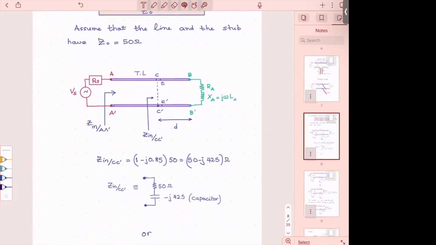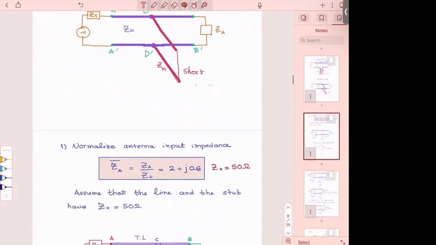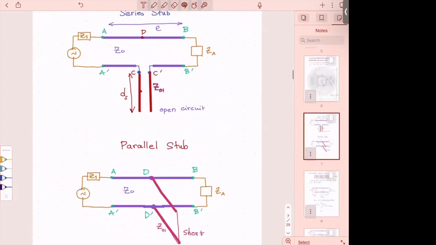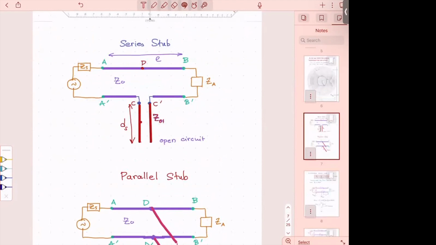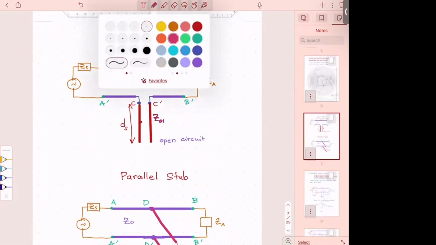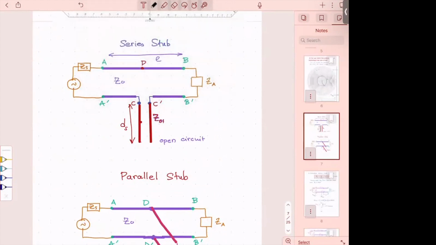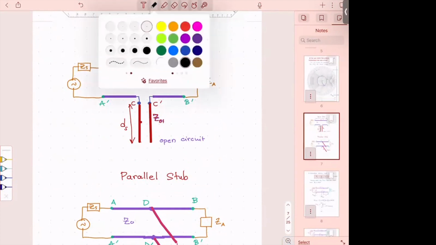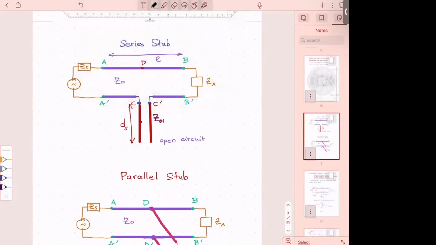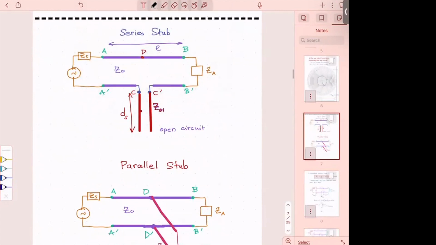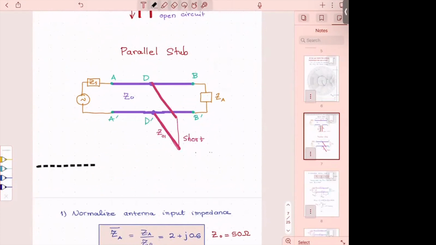What I did before is to introduce the concept. This is a parenthesis rather, so let me show it as a parenthesis, just to remind you what is a series stub, which is open. So you remember this is a parenthesis and ends here.